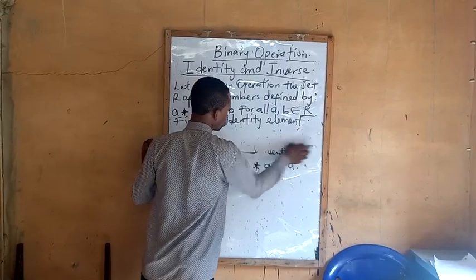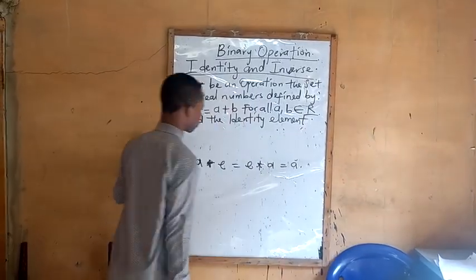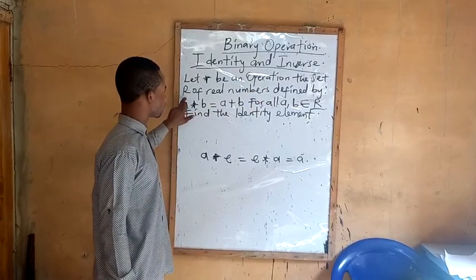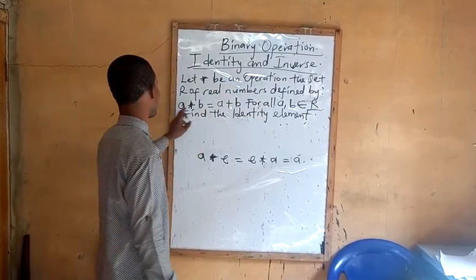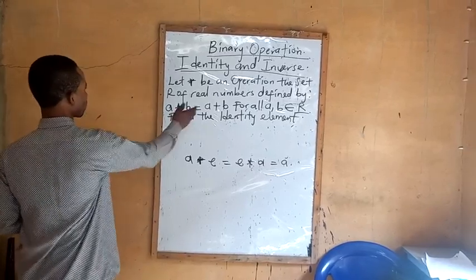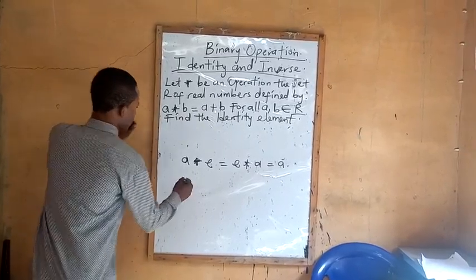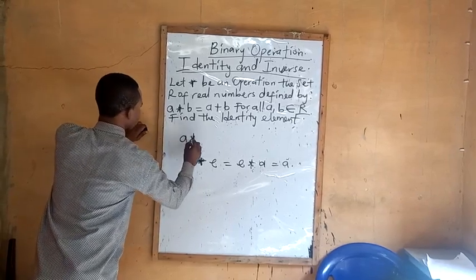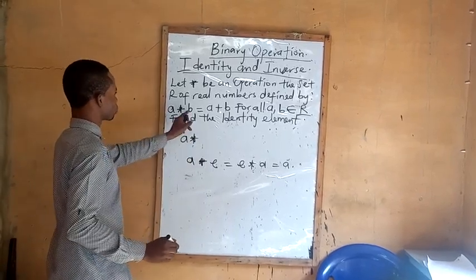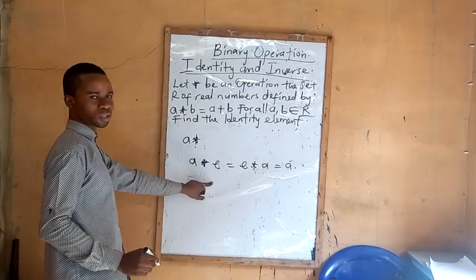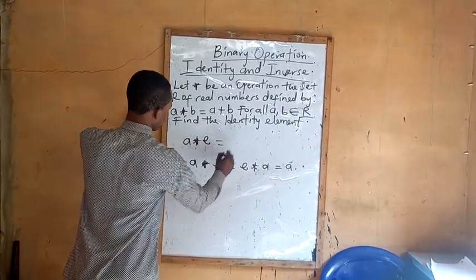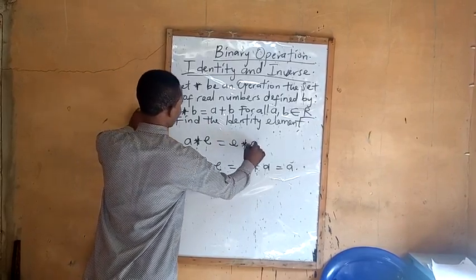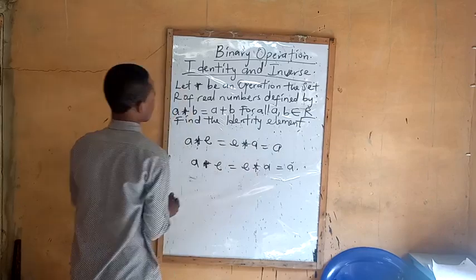Now, the next thing to do. After you've done that, they said let asterisk be an operation on the set R of real numbers defined by A asterisk B. When you look at what they give us, A asterisk B, that means you cannot change A, but B changes to E. A asterisk E equals E asterisk A equals A, as you can see now.